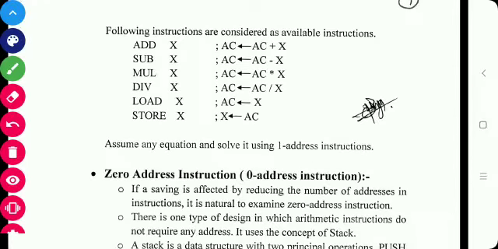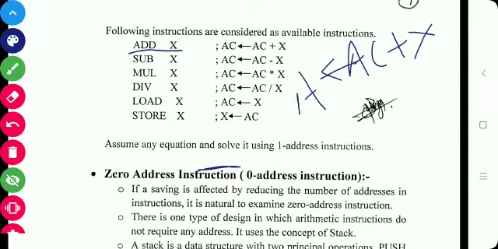So one of the operands is stored in the accumulator and the result is also stored into the accumulator. So one example of this 1 address instruction is add x, means this instruction adds x with the accumulator and stores the result into the accumulator. So one of the operands of the operation is in the accumulator.